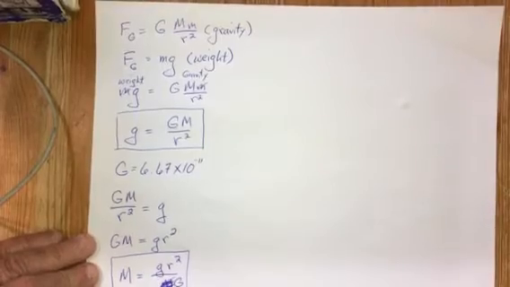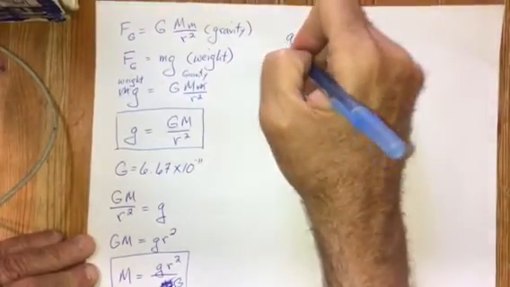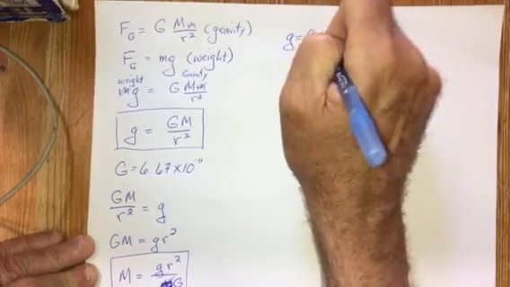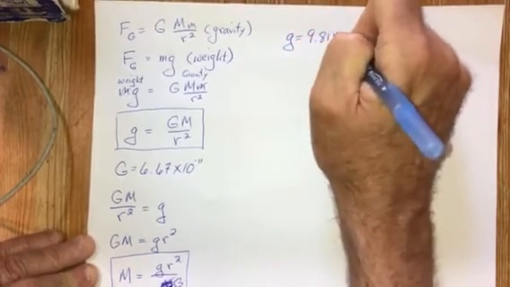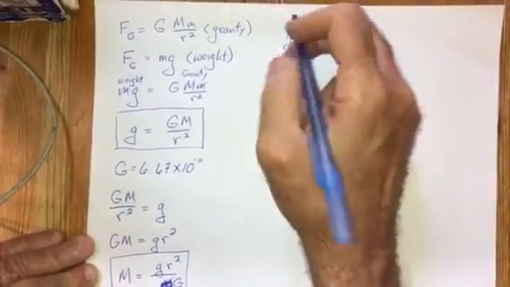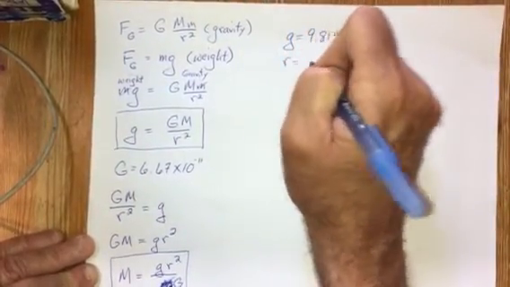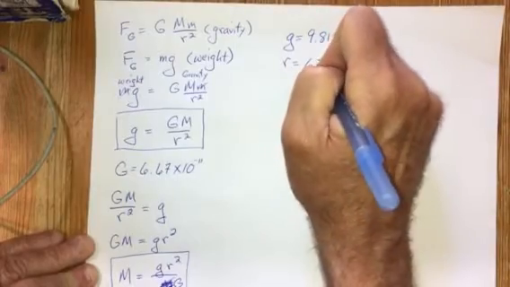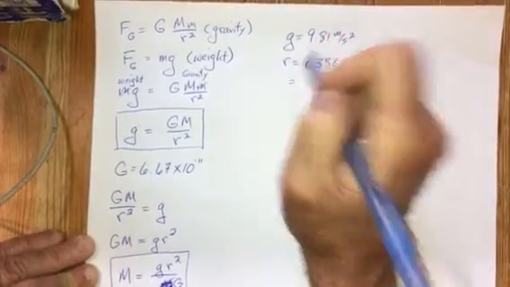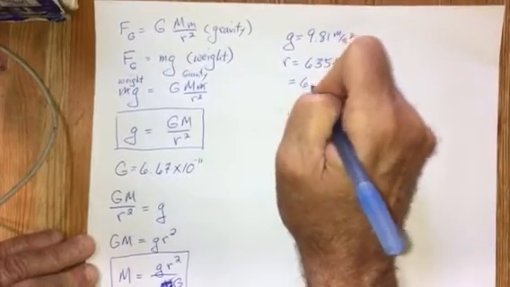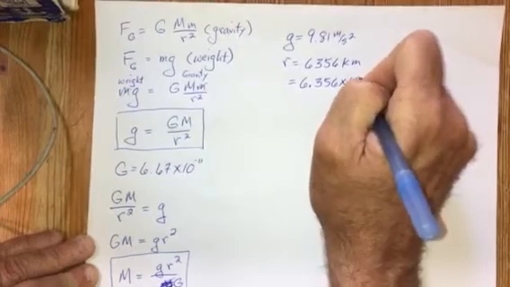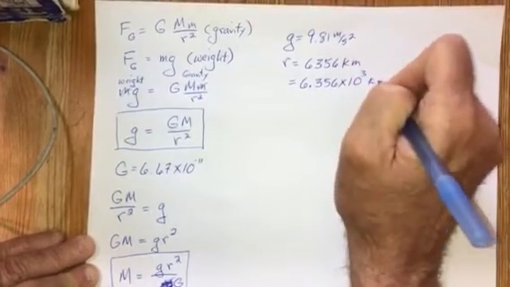Okay, so here on Earth, the acceleration due to gravity, lowercase g, is approximately 9.81 meters per second squared. And the radius of the Earth is 6,356 kilometers, which in scientific notation is 6.356 times 10 to the third kilometers.